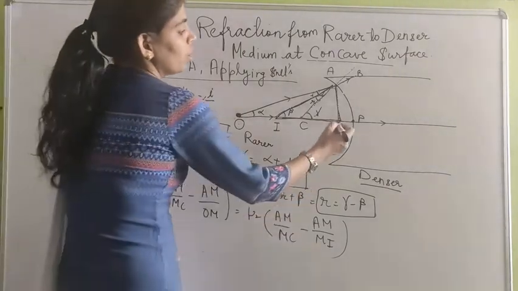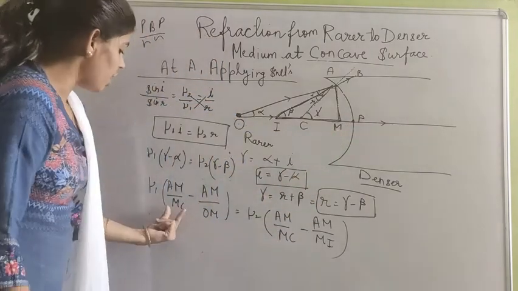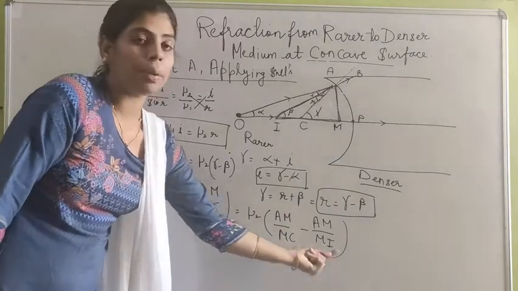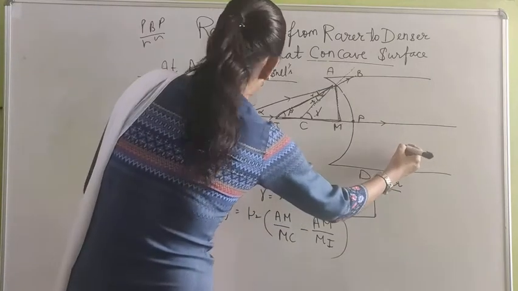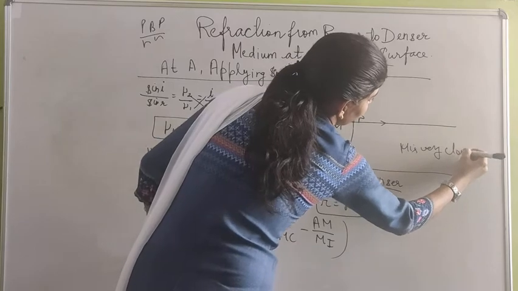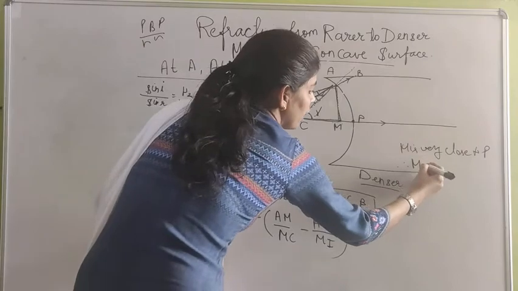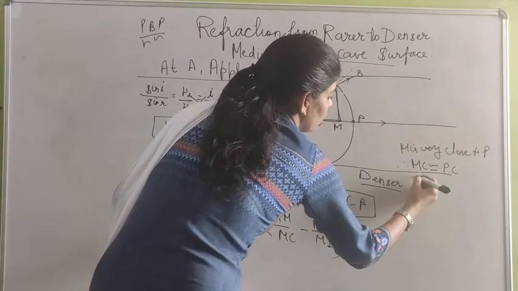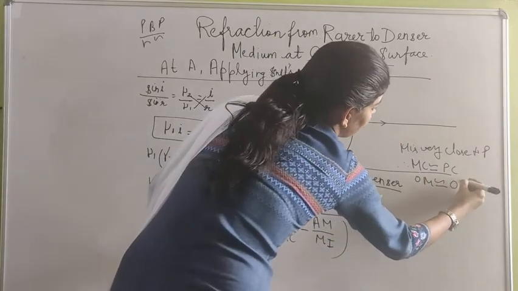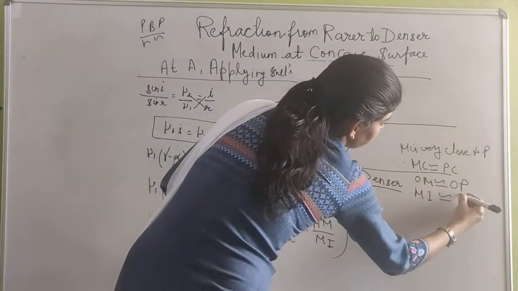Second thing, again M is very close to the P, so we will replace MC by PC, OM by OP and MI by PI. I write here: M is very close to P, therefore MC is comparable to PC, OM is comparable to OP, MI is comparable to PI.